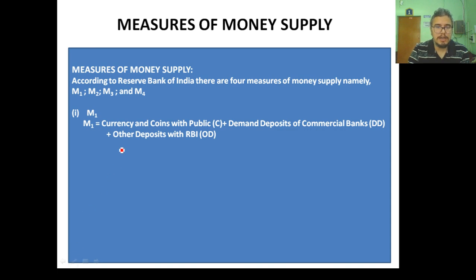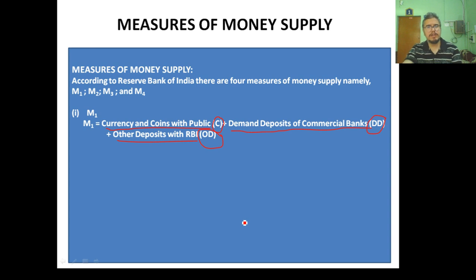They are currency and coins with the public, which can be represented by capital C; demand deposits of commercial banks, which can be denoted by capital DD; and other deposits with RBI, which can be represented by OD.